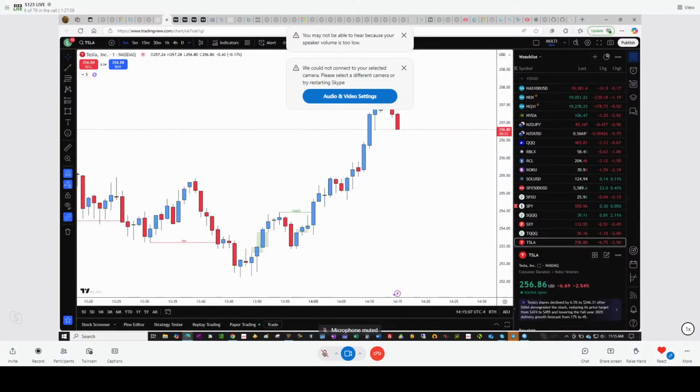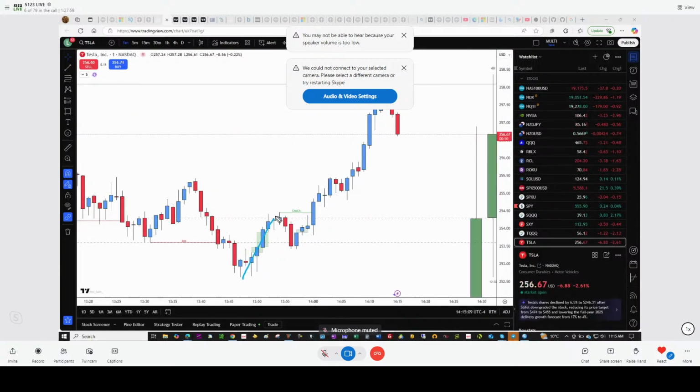Yeah, Tesla is doing a similar thing as the NAS, but we get the pullbacks nicely there. So this is what we're looking for, that beautiful pullback, the sweep here, retrace back into 50 to 62%. Got gaps in here. This is like perfection, a perfect setup. Catch the move.